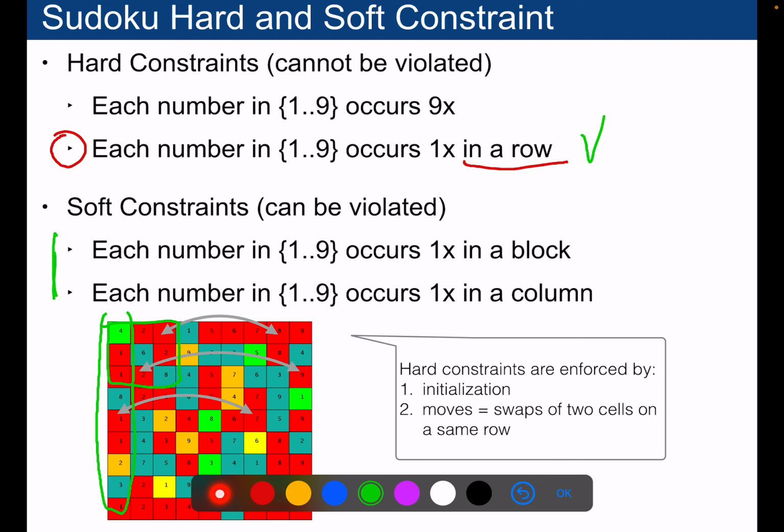This will be the soft constraint, and so as I said, we have one more hard constraint that each number from 1 to 9 should be placed in every row, and we will keep that satisfied at the beginning and also along the iterations by swapping only cells that are on the same row.